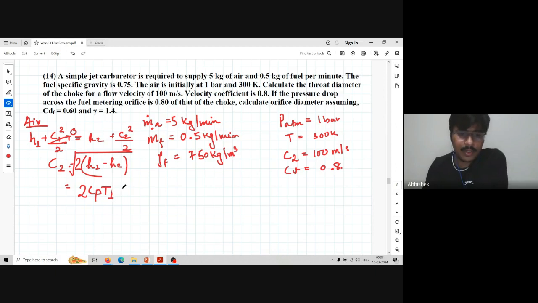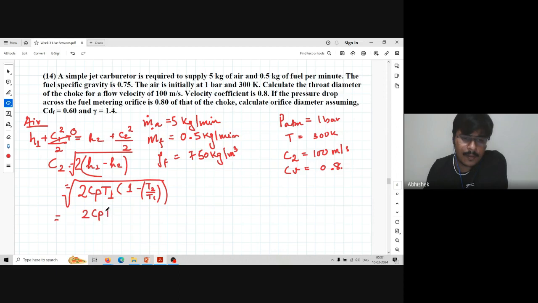So 2 Cp T1, just take Cp and T1 outside, so it will be root over 2 into Cp T1 into 1 minus T2 by T1.